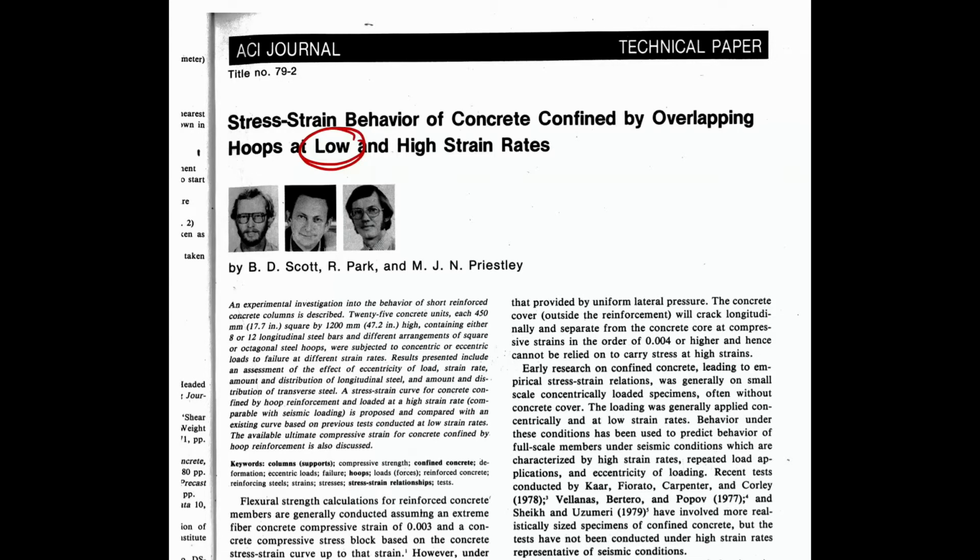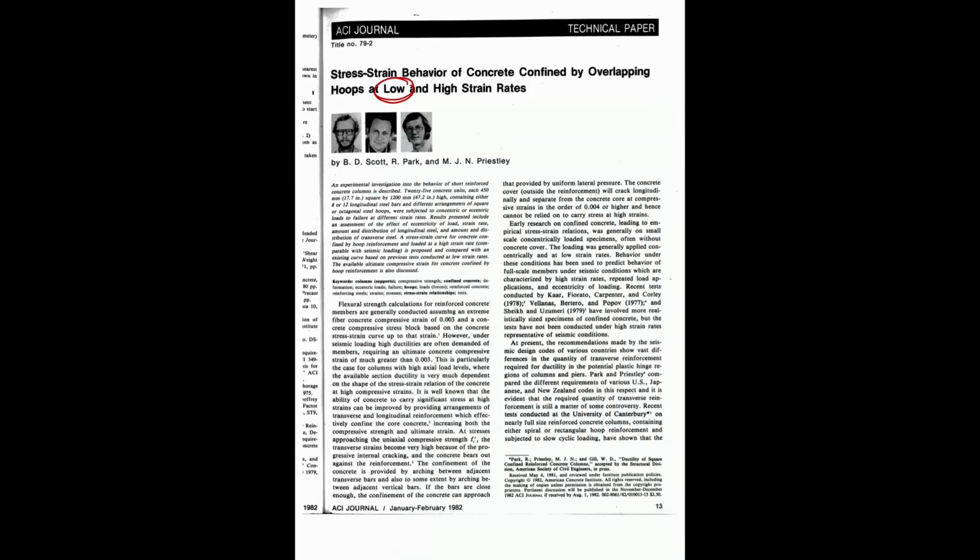The conclusion of this paper is that the high strain rate affects the concrete constitutive relationships, so you expect a higher ultimate compressive stress of concrete at high strain rate.